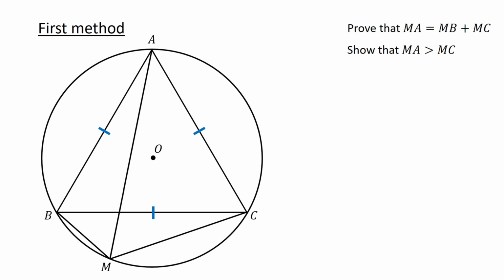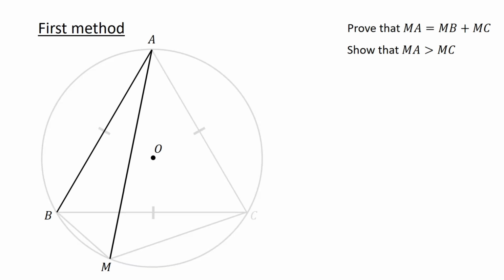Let's call the center of the circle O, and then focus on the line segments BA and MA. Denoting the perpendicular distance of the center of the line segments MA and BA from O as DMA and DBA respectively, we see that DBA is greater than DMA.